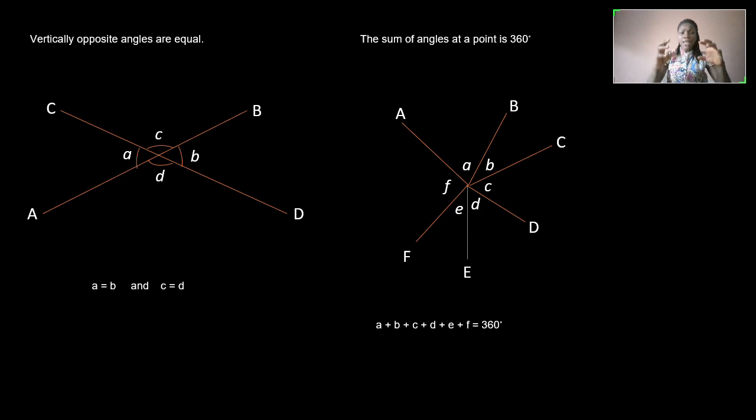So the total angle in a circle is equals to 360. So here we have angles A, B, C, D, E and F. And if you watch, this is a circle, it is a point.